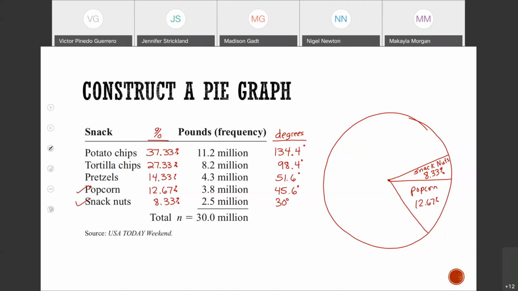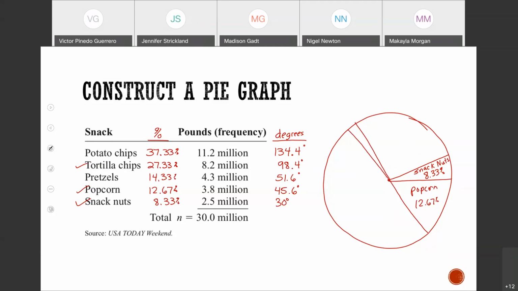All right, so let's look at what's left: 134, 98, 51. Let's try the 98 because I know what a 90 looks like. Let me see if I can draw a 90 here, maybe off of the top part. Do we agree that's basically a 90? So 98 is just a little bit more, so I'm going to increase just a little bit, and then we'll call it 98.